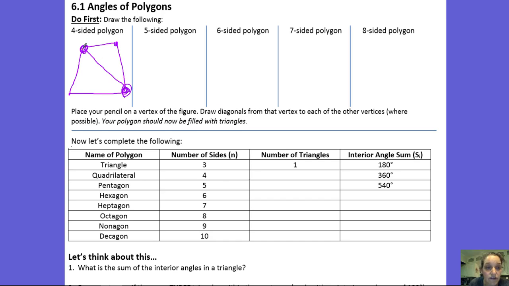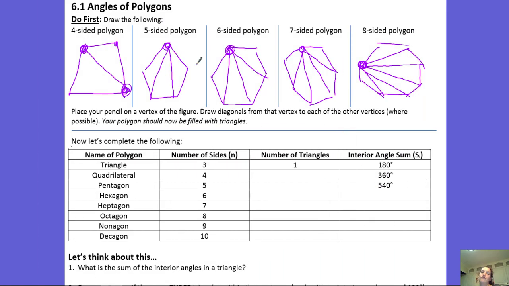So I'm just going to choose one vertex and do this for all of the shapes. So go ahead and pause your video, draw these polygons, and then when possible, except for the sides of the polygon, connect one vertex to all of the other possible vertices.